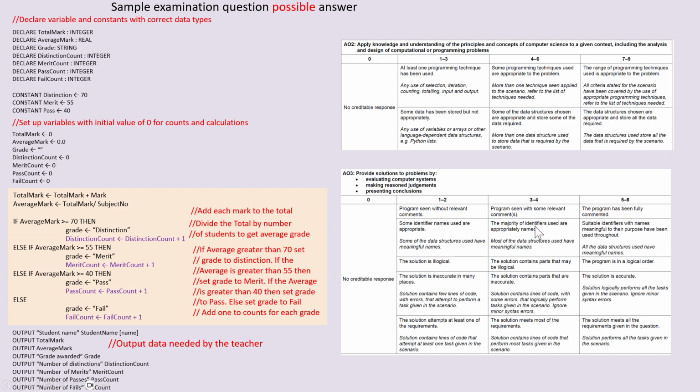Majority of the identifiers are appropriately named, so anything we give a name to is an identifier. They're all appropriate. Solution may contain parts that might be illogical, so we know that this part here, though it is adding something to a total, we haven't figured out how to get the mark, but that's fine. That still lets us be in this middle band.